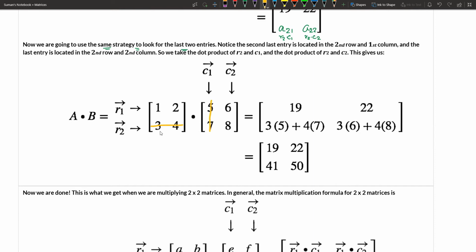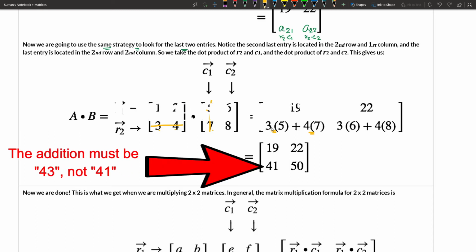So that must be 3 into 5 plus 4 into 7. 3 into 5 is 15, plus 4 into 7 is 28. So 28 plus 15 is 41.